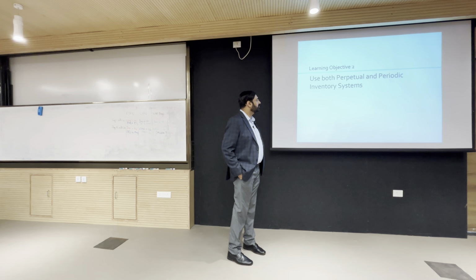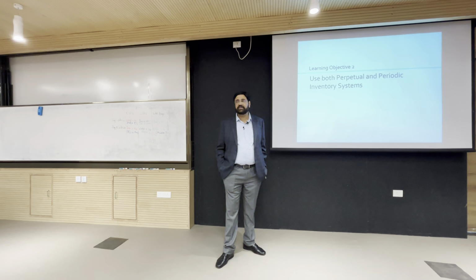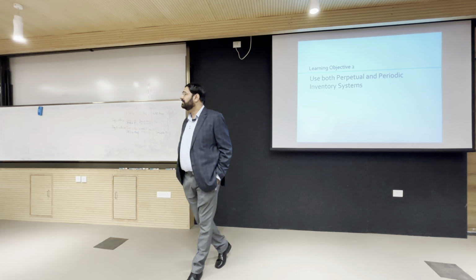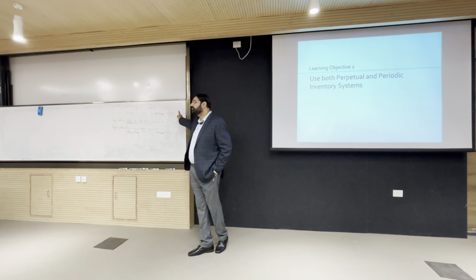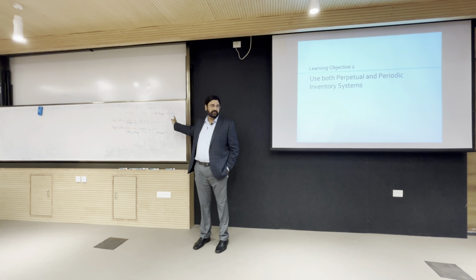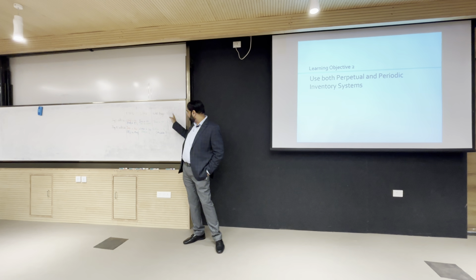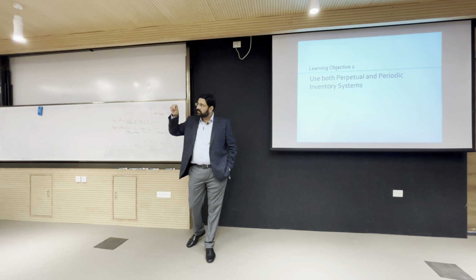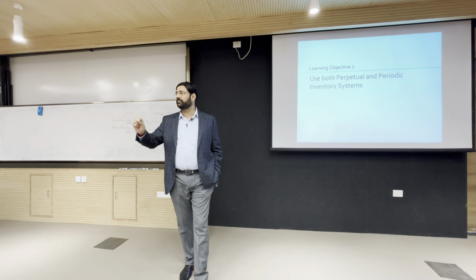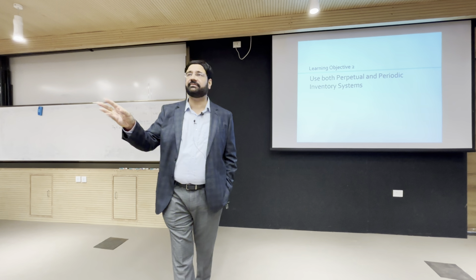The other aspect: we have already looked at the valuation methods, which were FIFO, LIFO, weighted average. By the way, the fourth was the specific identification method, right? You remember that? Under the specific identification method, the jug that was actually sold would be specifically identified. Say the selling price is 21 rupees.